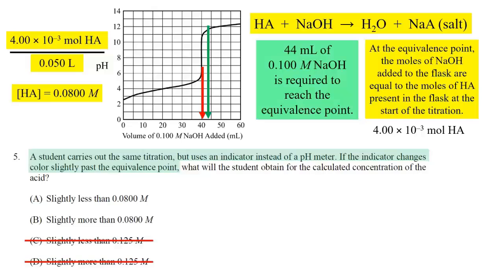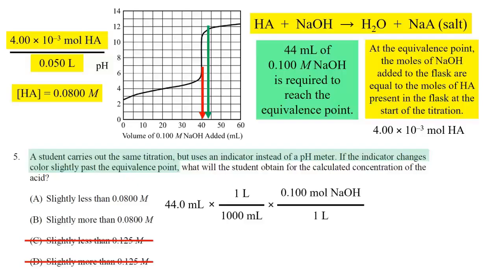Now I'm going to repeat those calculations that I had done earlier with the number 40. Volume, first from milliliters to liters, volume times molarity equals moles. Hopefully you can see that if the number of milliliters is slightly larger than 40, then the calculated value for the number of moles will be slightly larger than 4 times 10 to the negative 3.